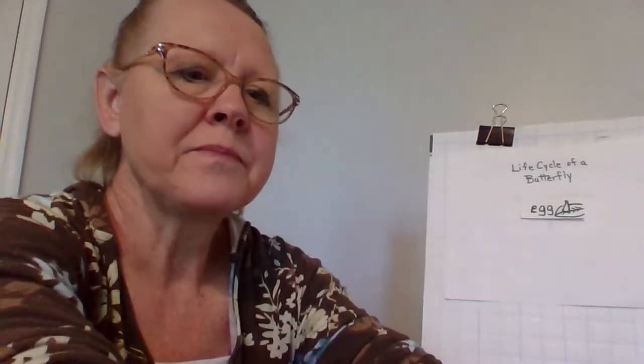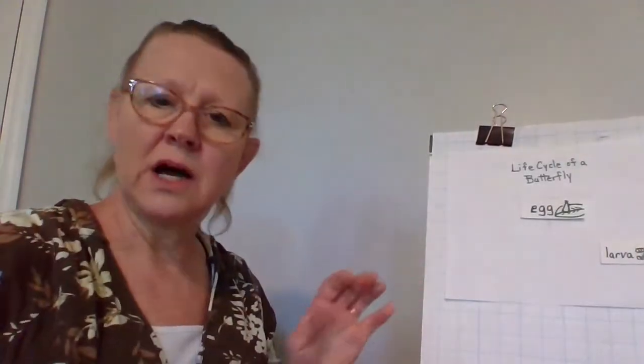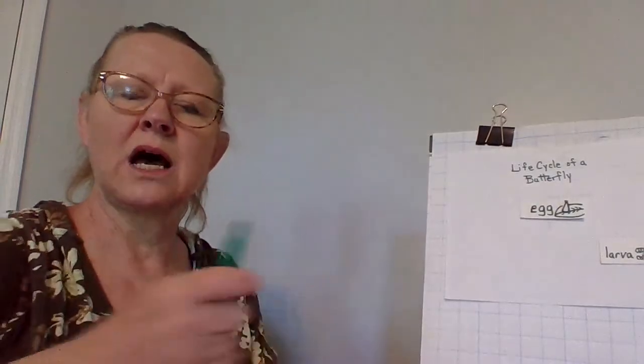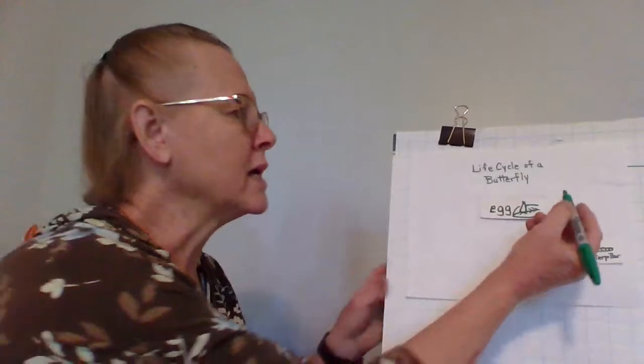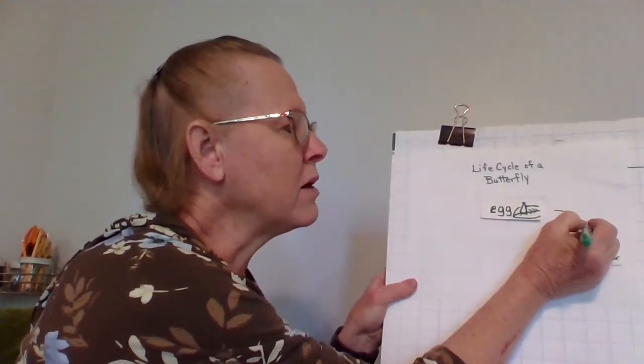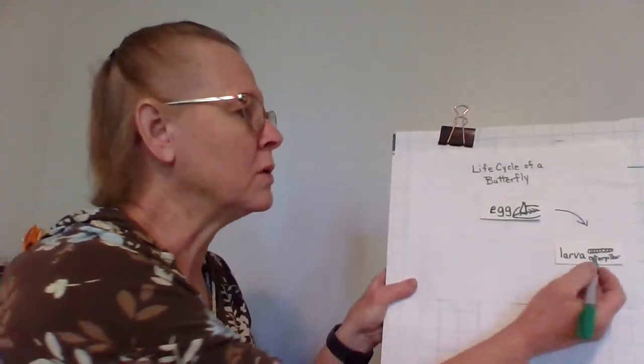And then it hatches from the egg and it becomes a larva. And in the case of the butterfly, in the moth, it is a caterpillar. And I'm going to draw an arrow because it's a cycle, so it means it goes around in a circle.